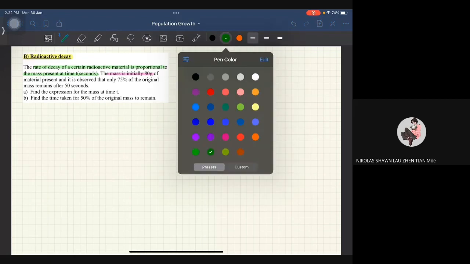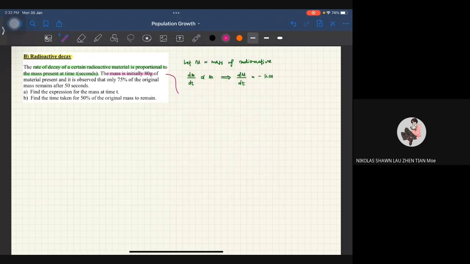Maksudnya dekat sini, bila dia kata berat asal maksudnya the decaying process tu dia tak start pun lagi. So, bila decay punya proses tak start pun lagi, meaning that when t is equals to 0. Okay, so t kita start dekat kosong. Right, so when t is equals to 0, you will have your m equals to 80. Ini information yang pertama.